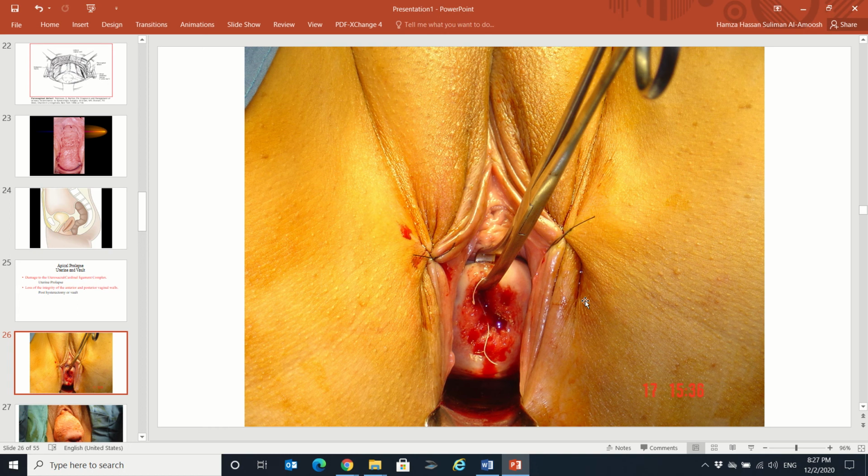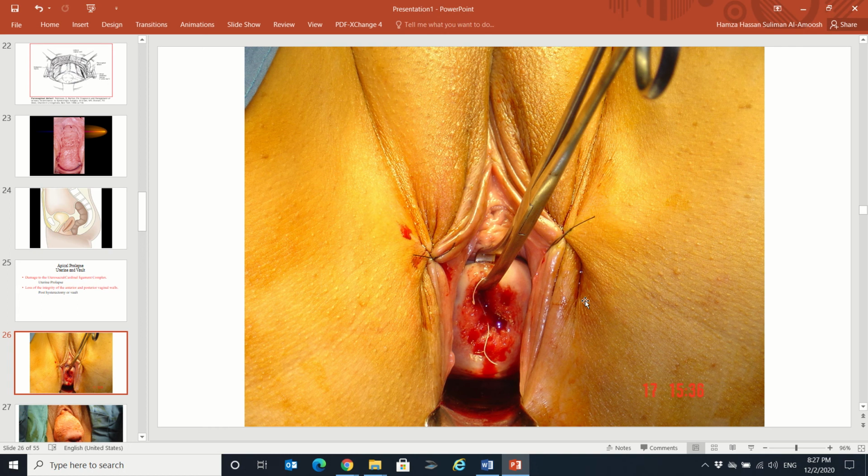So in the clinic, when we examine the patient, we ask them to cough, so we see indirectly something push this organ or prolapse, so we can see how far down it reached, so we can classify it. But when you have the patient on the table asleep, then you can grasp it with a grasper and pull it down, and this will give you a more accurate picture of the prolapse.